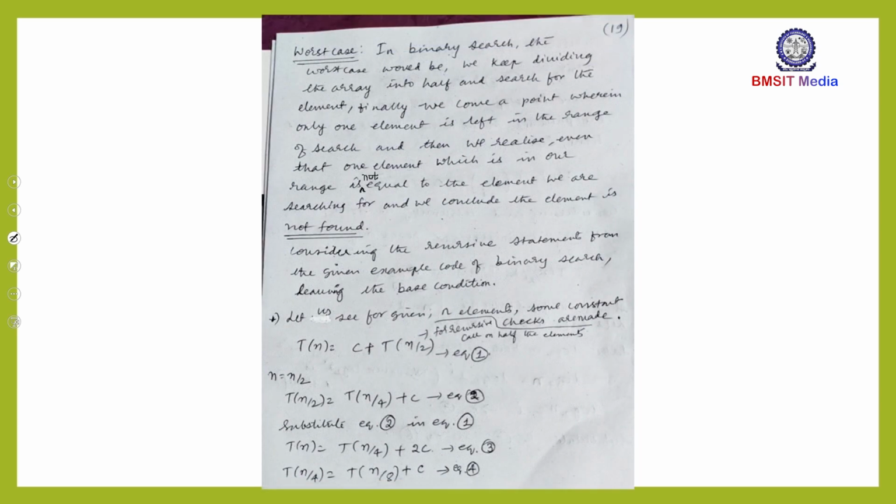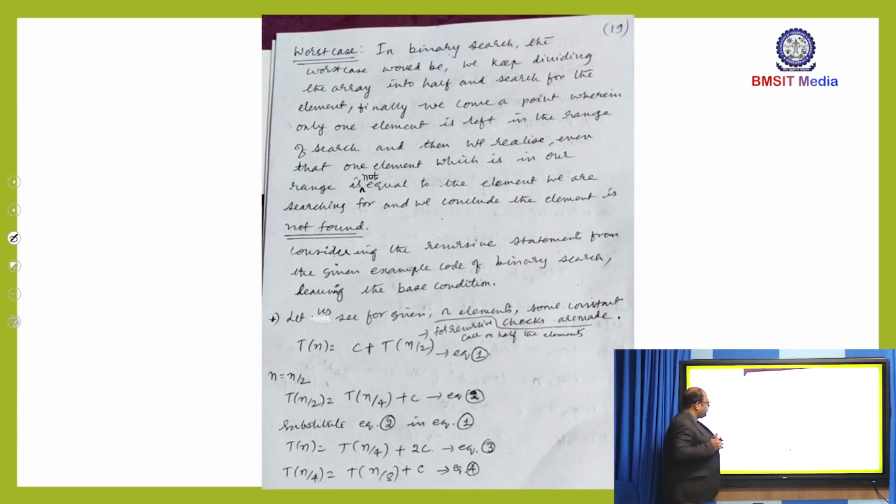Then we have to calculate the time complexity of the binary search. In terms of time complexity, T of n is equal to T of n by 2 plus a constant. Since it's a binary search, we have to apply a recursive call here, and the recursive call keeps on dividing n by 2.